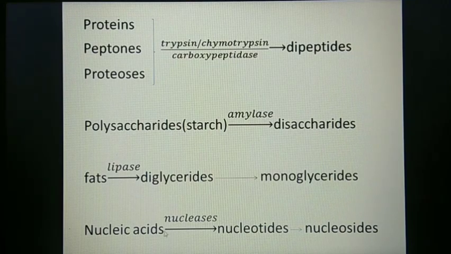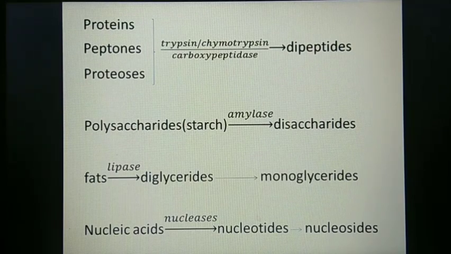Then nucleic acids. Nucleic acids in the presence of the enzyme nucleases will be converted to nucleotides, which in turn will be converted to nucleosides. Nucleotides are the next simpler form of nucleic acids, which can be further broken down into nucleosides. These nucleosides need further digestion to their simplest form, which is done with the help of intestinal juice.